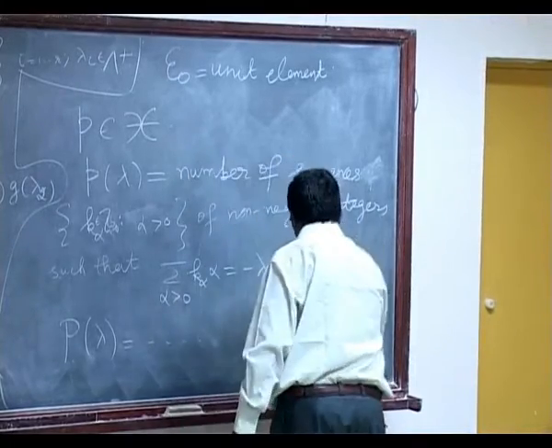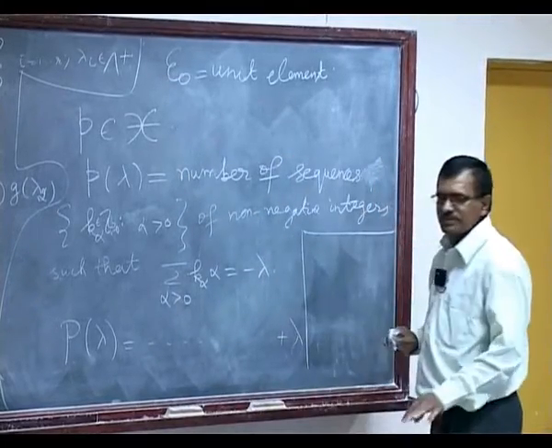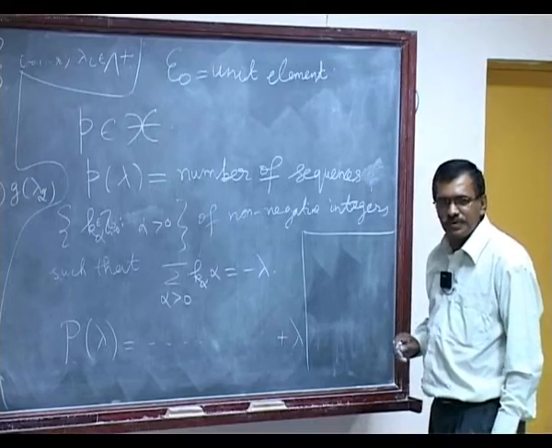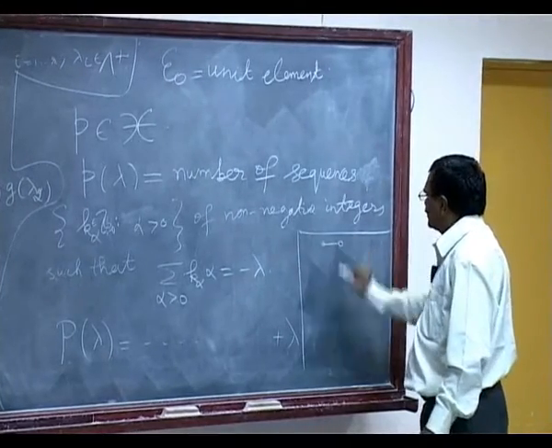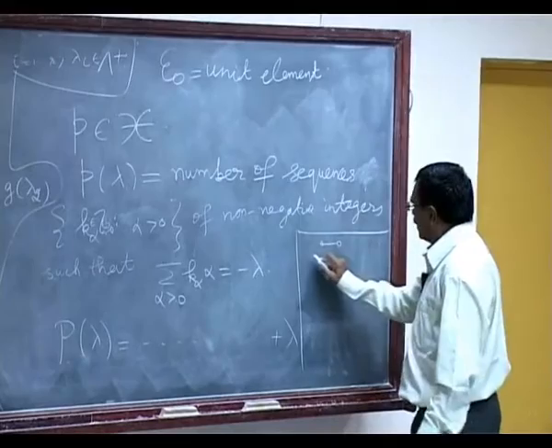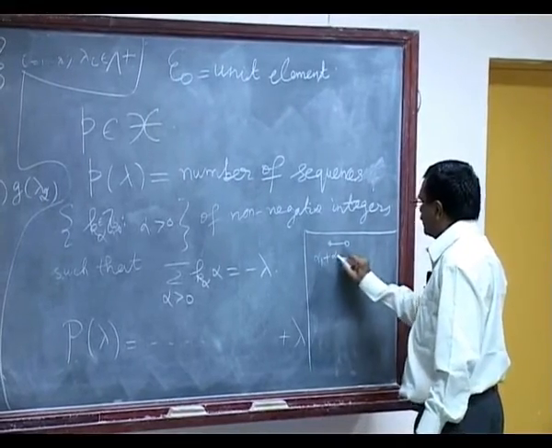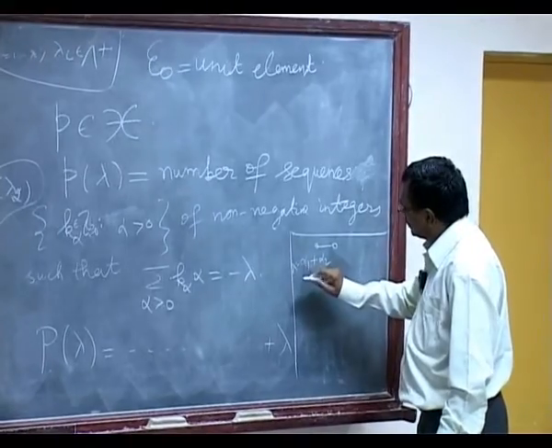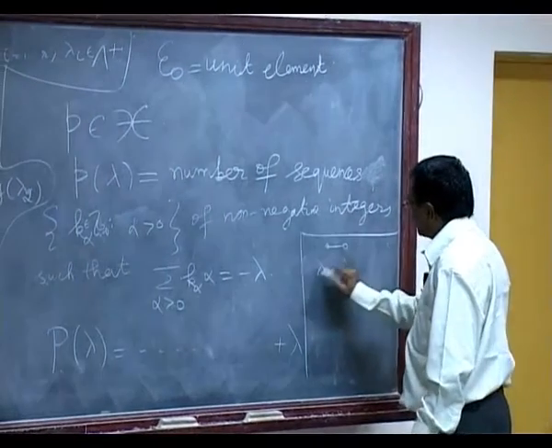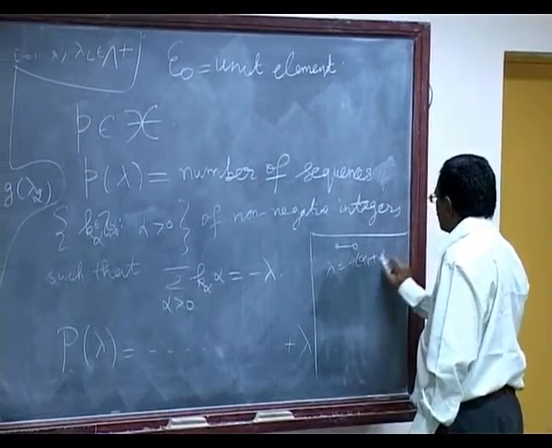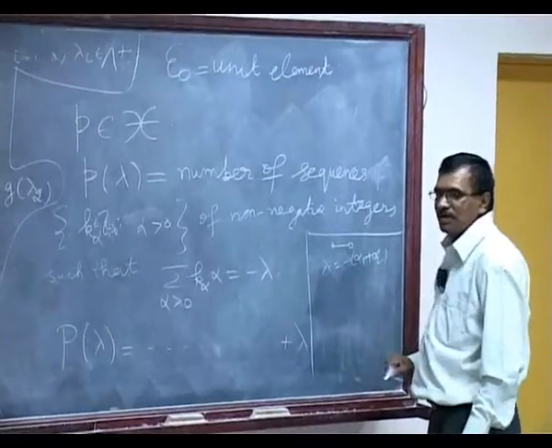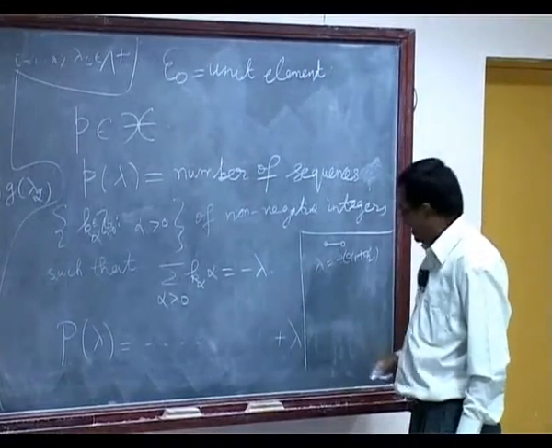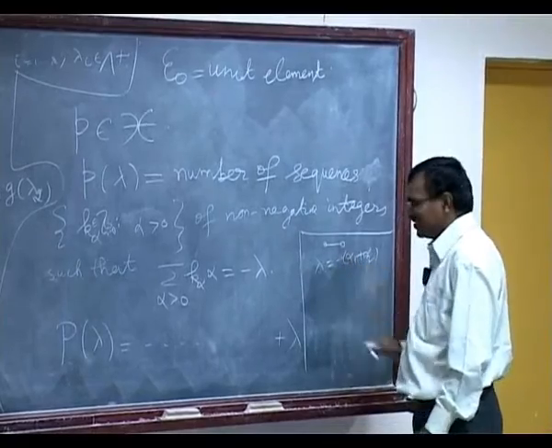Just to illustrate with one example, we have this Dynkin diagram of SL3. Alpha 1 plus alpha 2 is the root; you take this to be lambda. Take lambda to be minus alpha 1 plus alpha 2, the negative root.